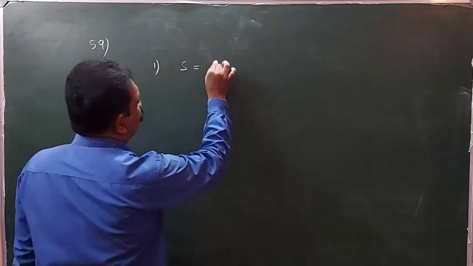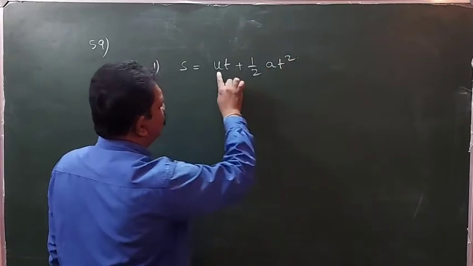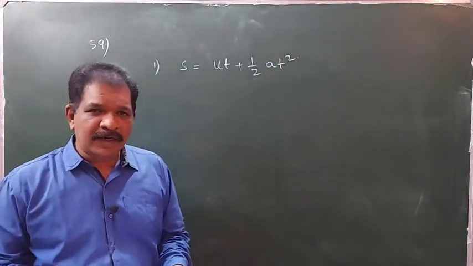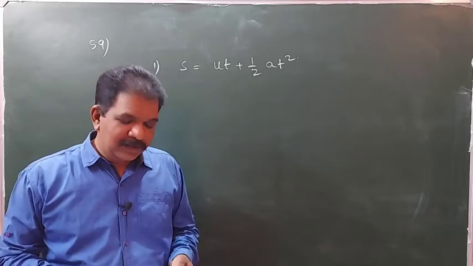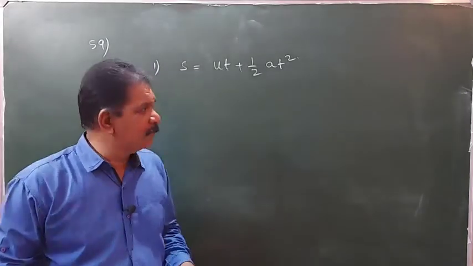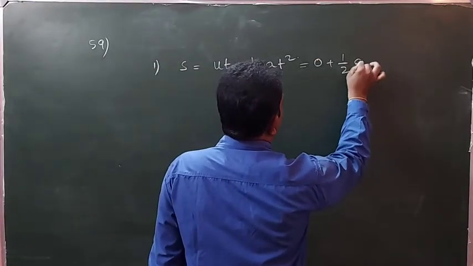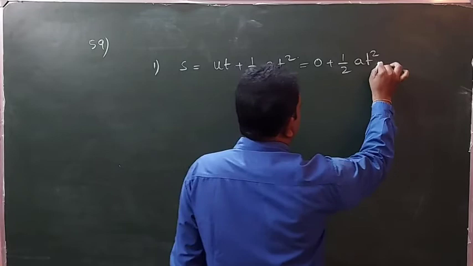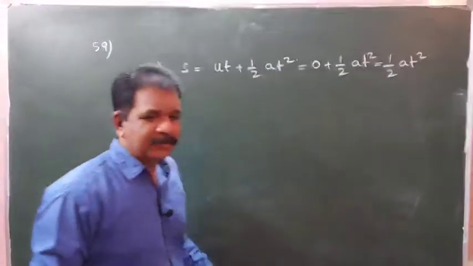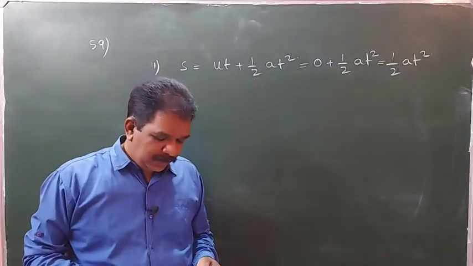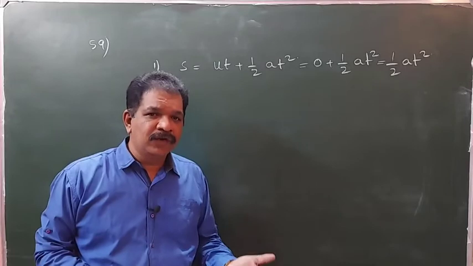Yes, actually the formula will be ut plus half at square. u is 0, they gave. The car started from rest. And in the time t, its velocity becomes v. So this will be 0. I am assuming its acceleration is a. This will be half at square displacement. They gave the first option, car travels a distance vt only.